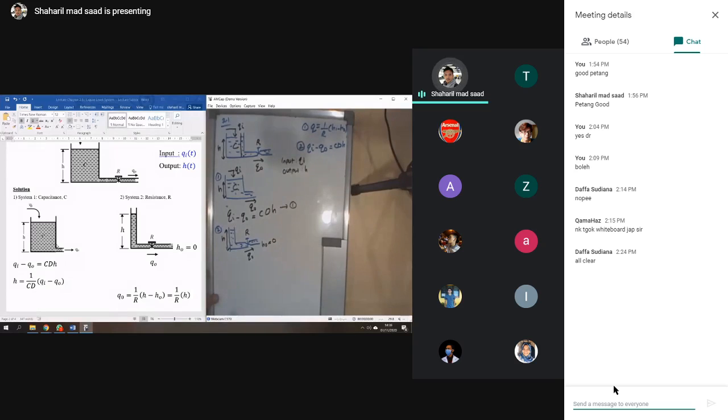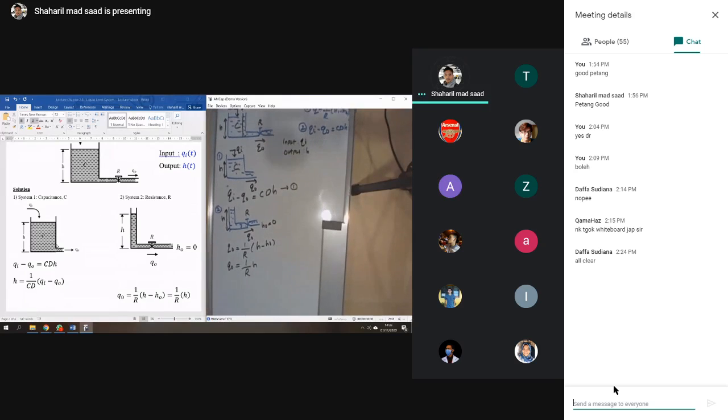Okay, so that means the equation number 1 is Q naught is equal to 1 over R times H minus H naught. Because H naught is 0, so Q naught over H. Okay. So this one, the second equation.